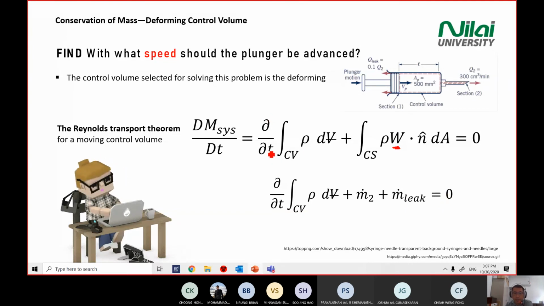Del over del t, integral over the control volume of rho dV, plus the m dot terms, again you have in and out. So you have section 2, m2 out positive. And then m dot leak equals 0.